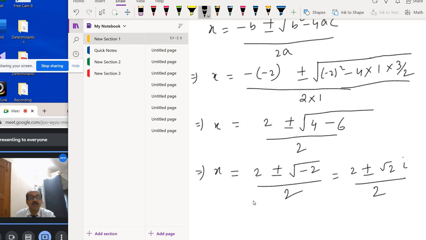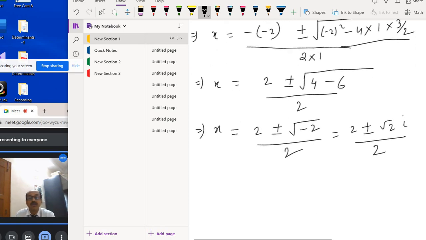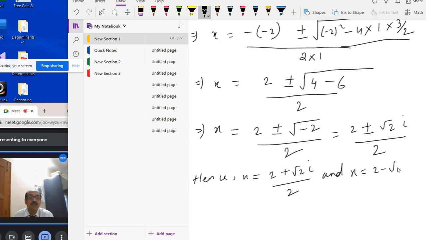So hence x equal to 2 plus root 2i by 2 and x equal to 2 minus root 2i by 2. Okay, this is the answer.